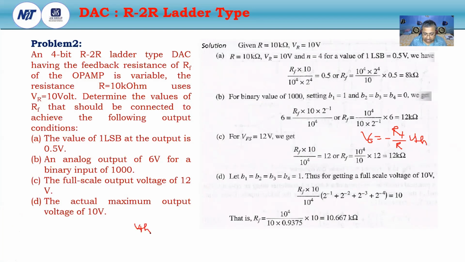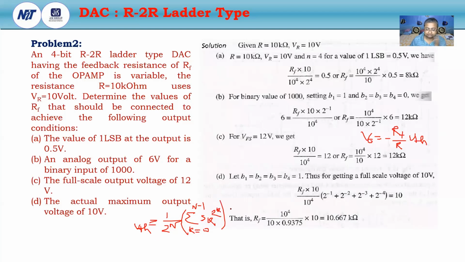VTH is nothing but the summation of 1 by 2 to the power of n into, what is the value? Summation of k is equal to 0 to n minus 1 of sk 2 to the power of k.